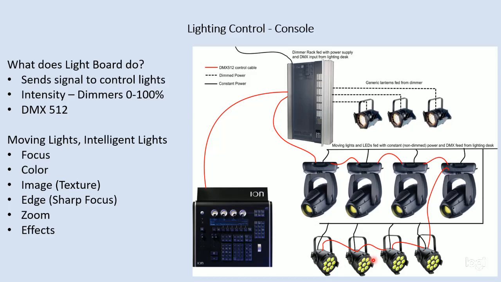LEDs also can change color. A moving light has gobos and can project texture. We can adjust that texture, whether it's a sharp edge or a soft edge. They zoom, they get larger and smaller, and then they have effects, animation wheels and prisms. So moving lights do all kinds of things, and all of that is controlled by our light board, and we tell the lights what we want them to do, and then they do them.